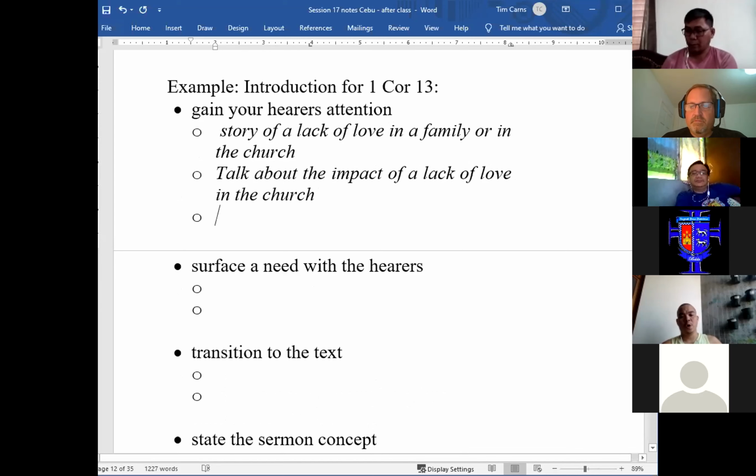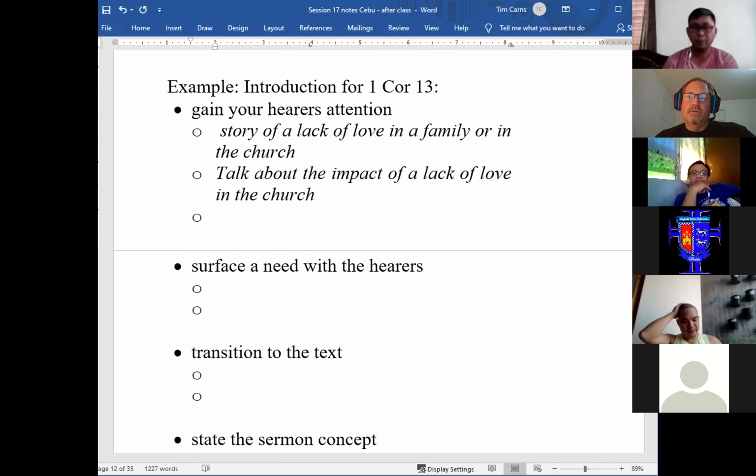Okay, what else? Or the biblical understanding of love. Okay, we're going to get to that when we get to the passage. Right now we're just trying to think of some ways to get the attention of our hearers to move towards what biblical love is.